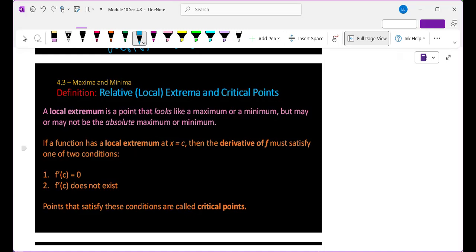And that will actually take care of probably 90% of functions. But we're going to have these special cases every once in a while where the derivative doesn't exist, but the function may exist at that point. So these are what we call critical points.